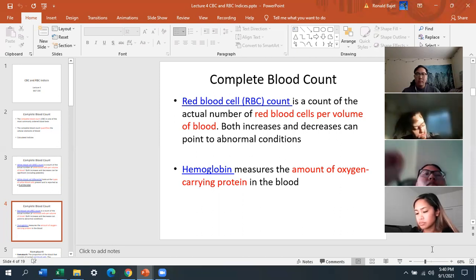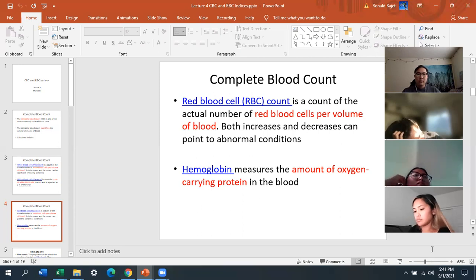In a viral infection, okay, normal distribution is the most is neutrophils, followed by lymphocytes. In a viral infection, you have what's called a flip. The lymphocytes are now the most numerous, and more than the neutrophils. You can have 50 to 60%, maybe 70% lymphocytes, followed by neutrophils in a lower percentage.